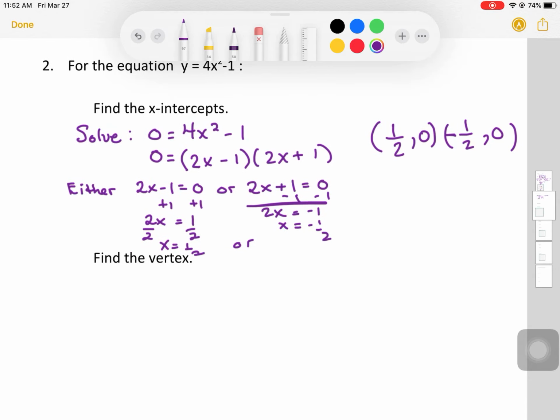Let's clean that up a bit. To find the vertex, the x coordinate is the first thing I'm going to find. I'm just going to average, or find the middle of, 1/2 and -1/2. And that is 0.